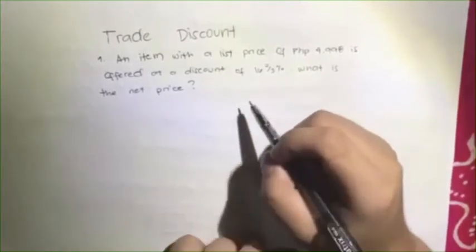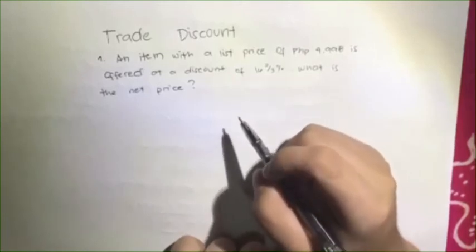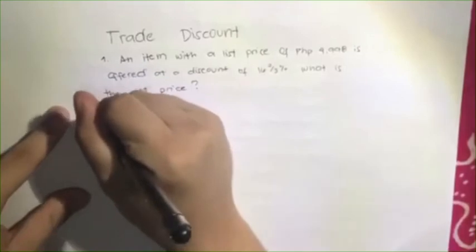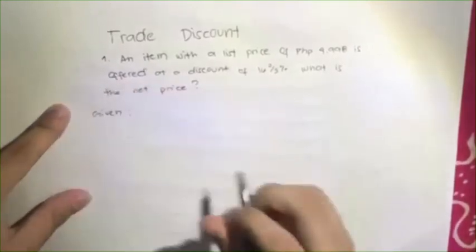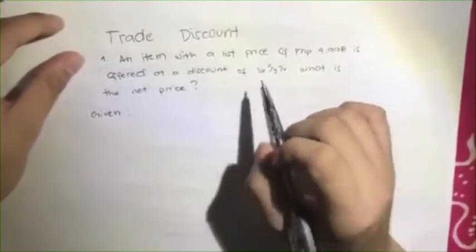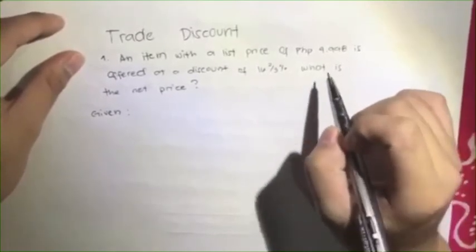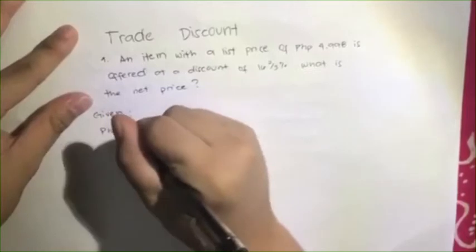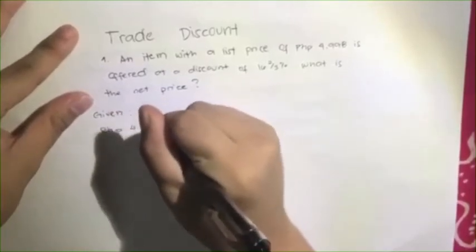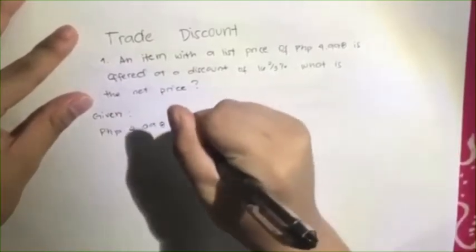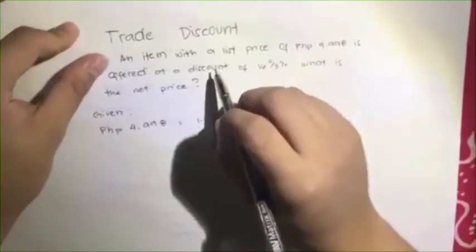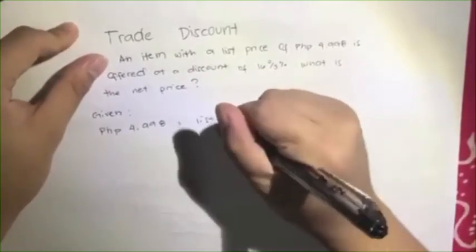So, first, i-identify muna natin yung mga given na values. An item with a list price of 4,998. So, ang 4,998 is our list price. Kasi sabi dito, list price.